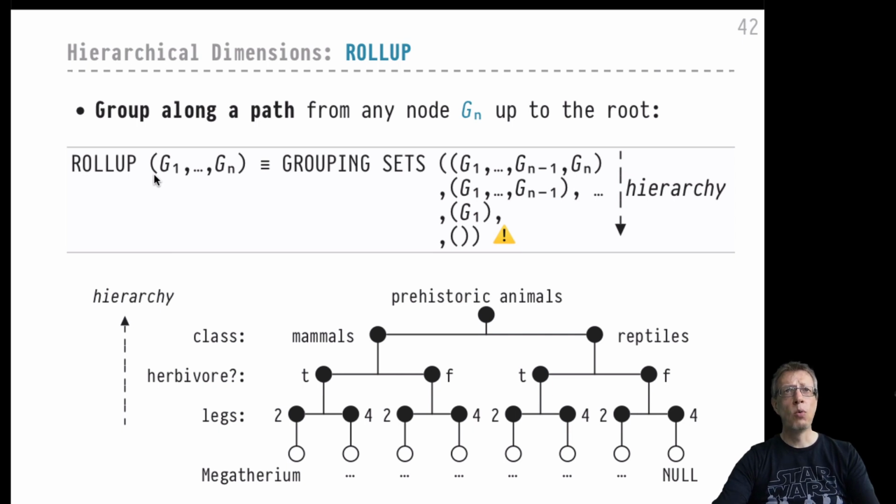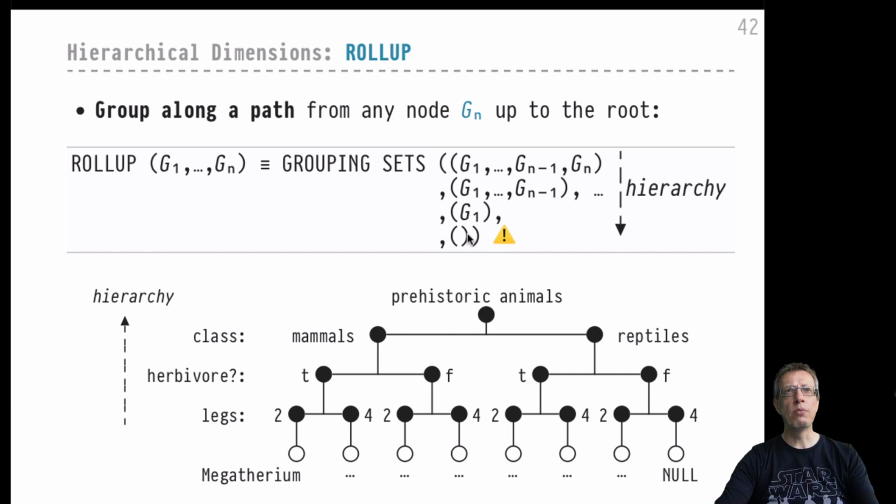And again, what this will do for us is expand and save us from explicitly specifying a much larger grouping query. In this case, the rollup will expand into this particular grouping set. So this rollup will perform 1, 2, 3, actually n plus 1 groupings for us.